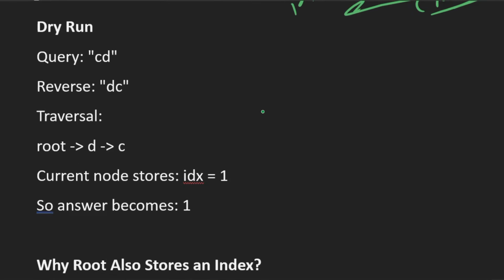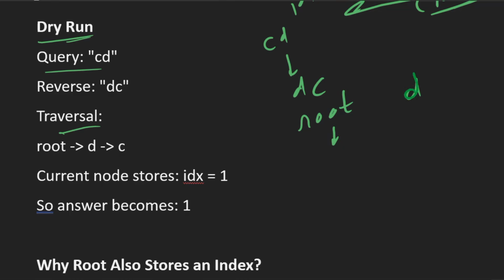Now let's see the dry run for a query. Suppose the query is cd, then we reverse it to dc, and then we traverse. First we go to root, then we check whether we have a node for d. If we have a node for d, then we go to d, else our last valid node could have been root.